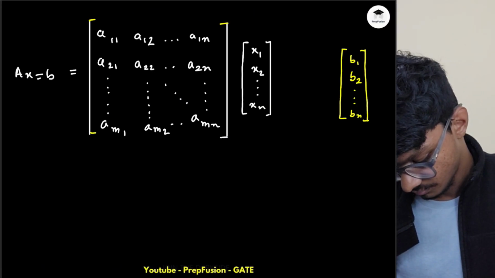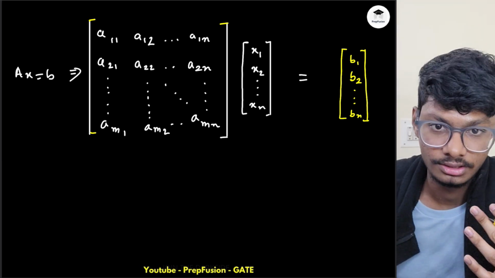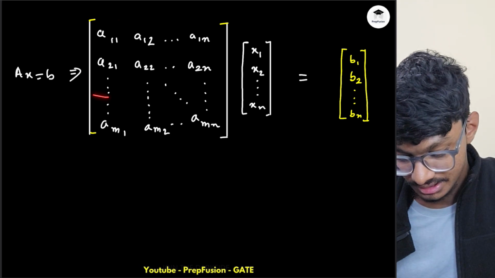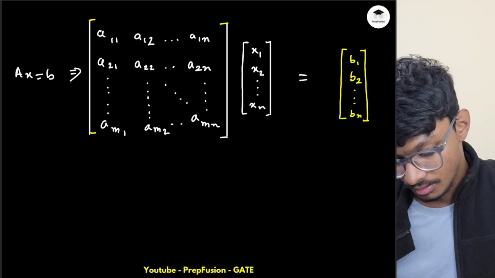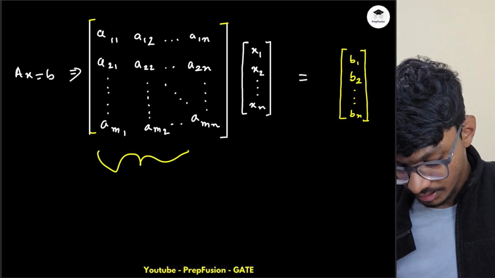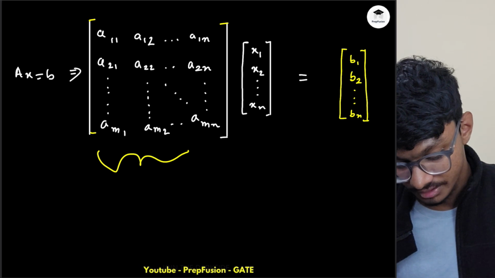So from this, can we tell anything? Can you say anything about the solution? Obviously these mean something, right? These have some meaning. So what we'll do is find the rank of this.